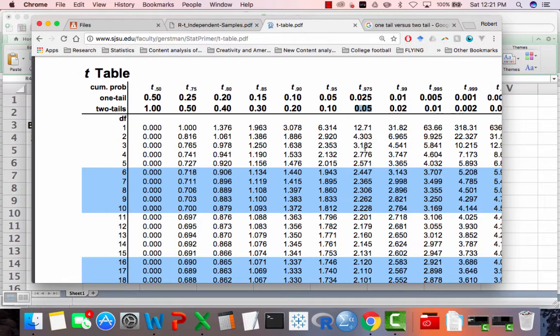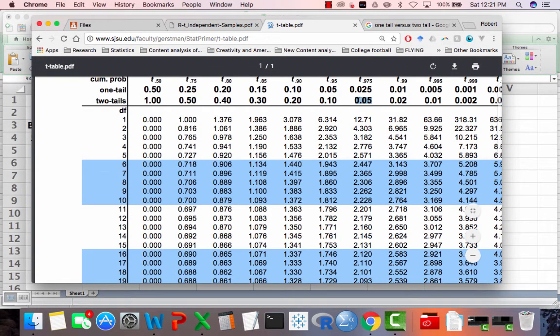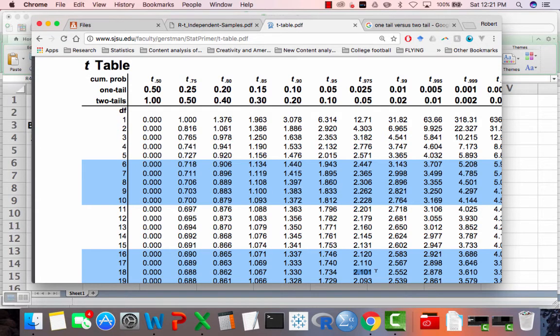And so the correct procedure is to go, okay, I found my 0.05, I go down to degrees of freedom 18, and that tells me that I need a t observed value of greater than 2.101. We need a value greater than that in absolute value to have confidence that the difference between these two groups is real. So that's how we get our p-value, our probability value.